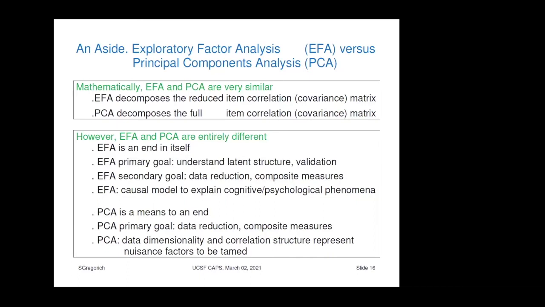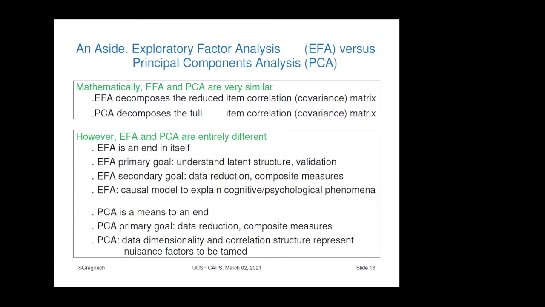And again, EFA is a causal model, whereas PCA is really a means to an end. Typically what you're trying to do with PCA is you're dealing with high dimensional data and you need some means of data reduction that you can use to create composite measures. Oftentimes you're not interested in interpreting the composite measures for PCA.